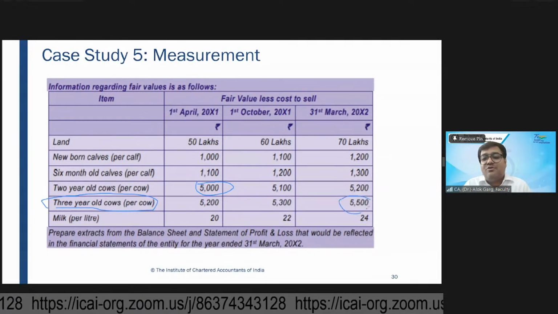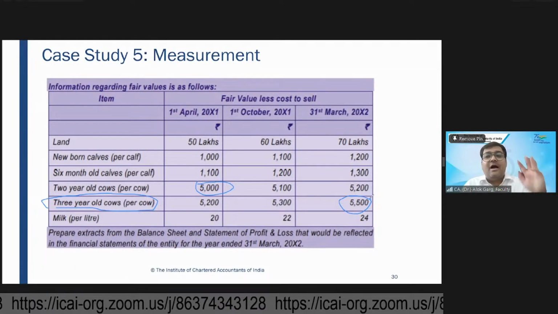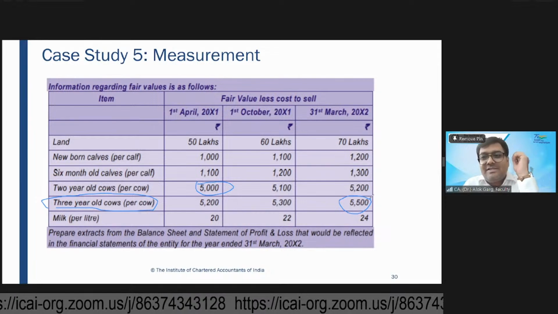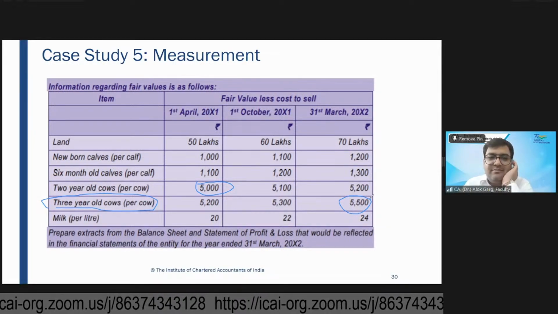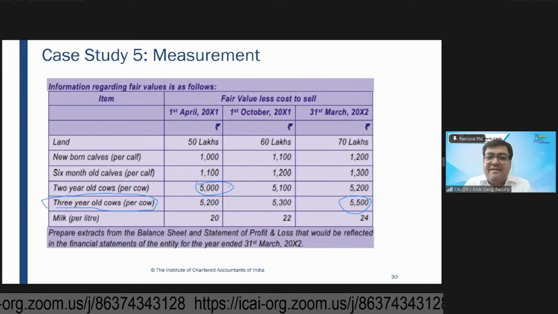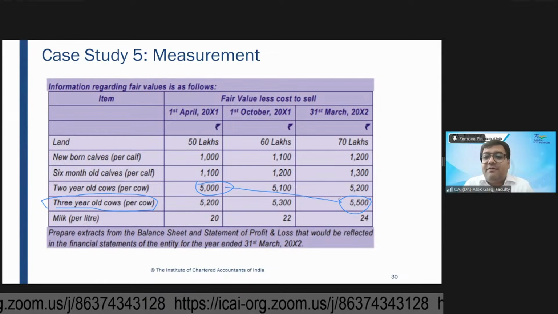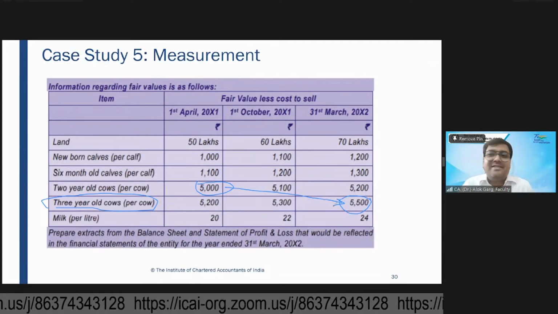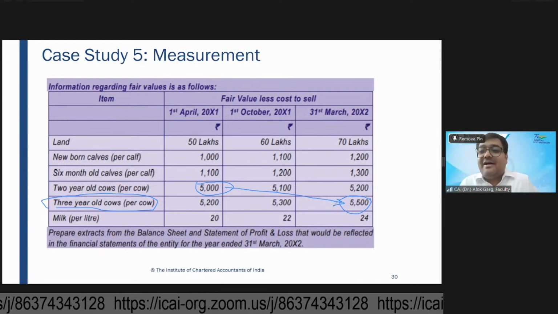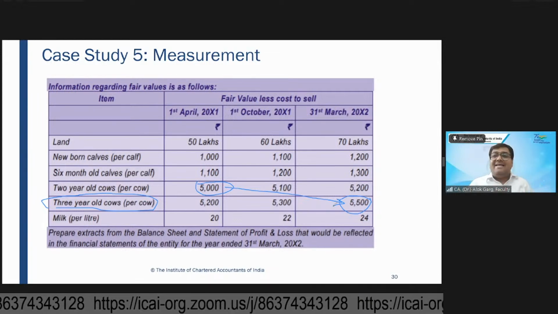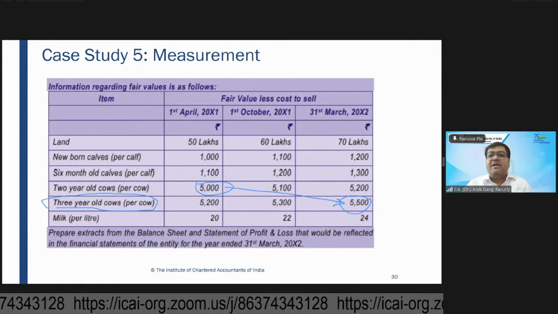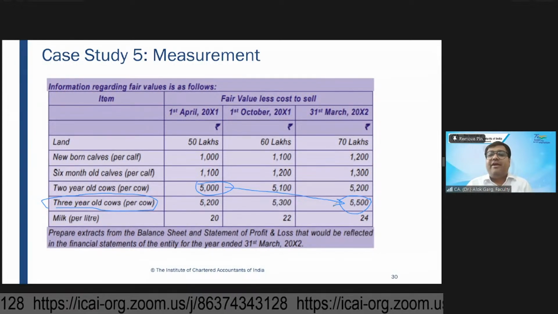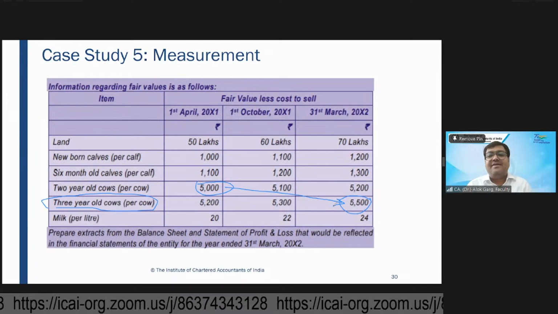When we purchased on 1st April, this cow was 2 years old, at 5,000 rupees. So the difference between 5,000 and 5,500 is 500 rupees. This has to be recognized as biological asset cows account debit, 200 multiplied by 500, to other income, being fair value changes recognized in biological asset and transferred to other income.